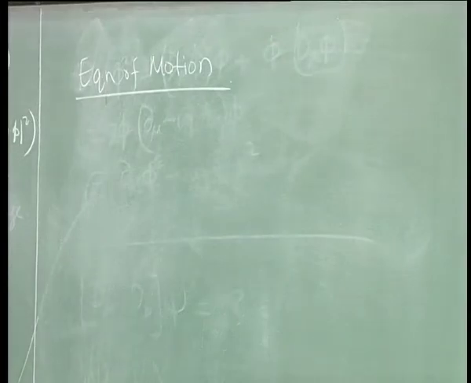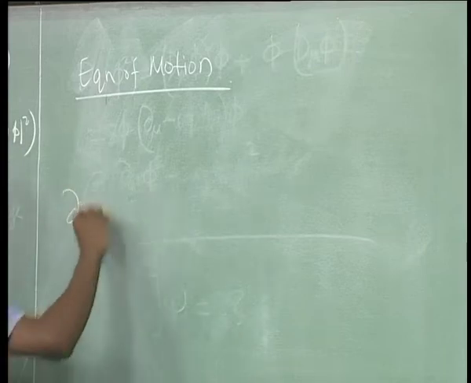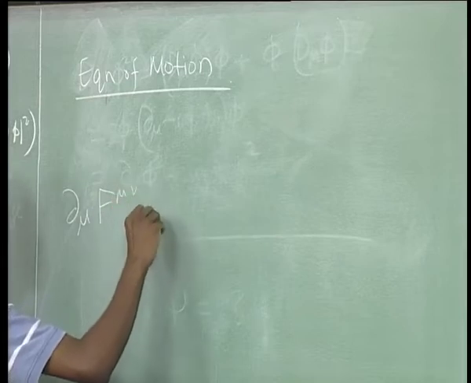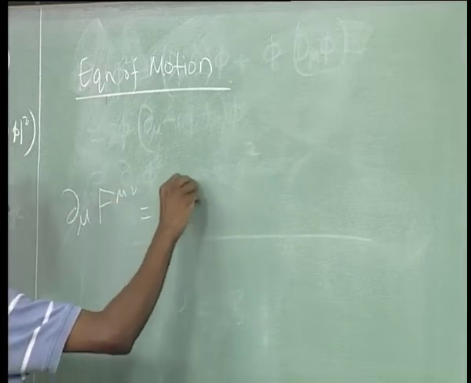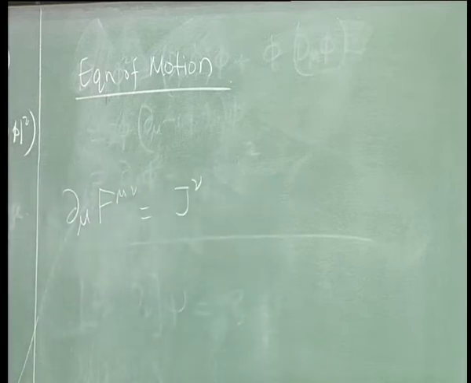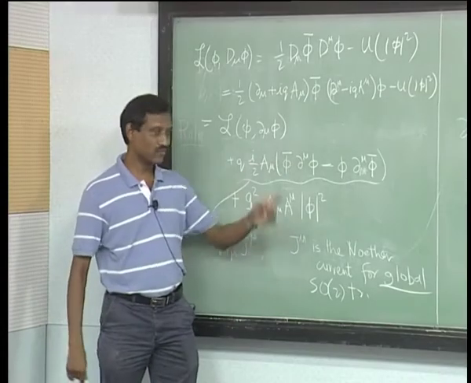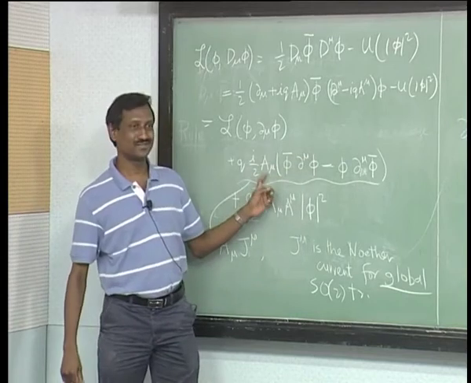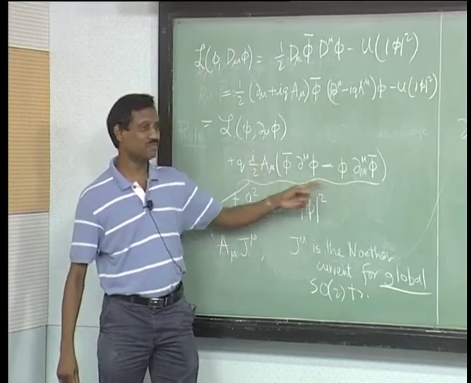By the way, when we wrote Maxwell's equations, we wrote the equations of motion as something like this: d mu f mu nu equals, up to factors which are not so important, j nu. In fact, if you write out the analogous Maxwell's equations for the gauge field, you will get exactly that, because it is the first variation, it is coupled to j mu.